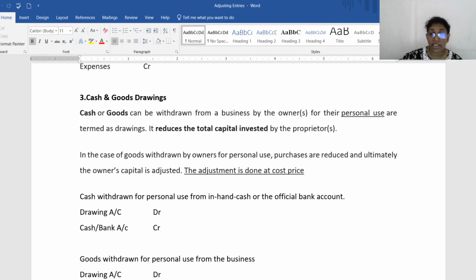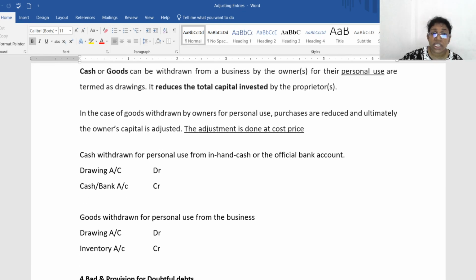So let's look at how we are going to record this drawing. If the owner takes a cash withdrawal, we are going to debit the drawings and credit the cash. What will happen if the owner takes goods? Then we are going to debit the drawings account and credit the inventory at the cost price.